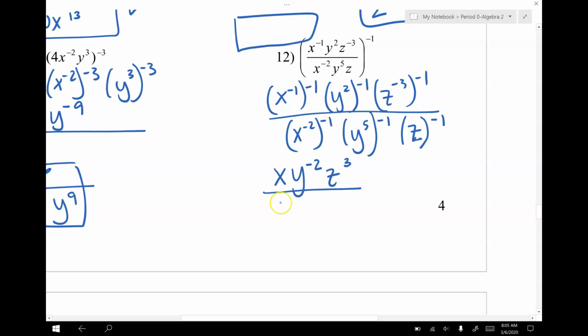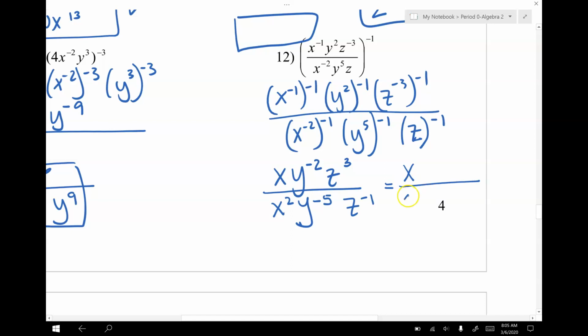On the bottom, x to the +2. Y to the -5. Then we got z to the -1. Should we make all the negative positive before we reduce? Okay. So I'm going to say x here. Would you agree that y would now move to the bottom?